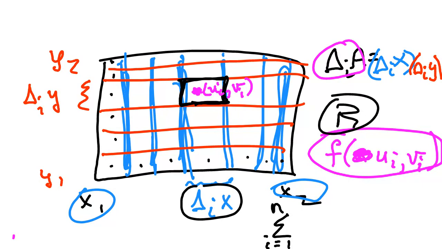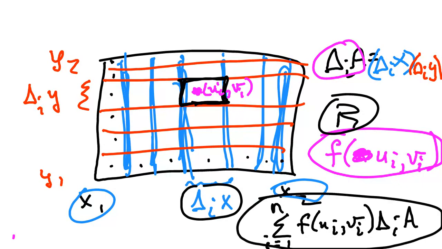But if I look at the sum of f of u sub i, v sub i, where that's just a randomly selected point inside the tiny rectangular area, times delta sub i of a, this is actually a Riemann sum, right? So it's a Riemann sum of the product of these two things, delta sub i of a times f evaluated at the particular point that we pick. And if I want to add all those up, I can, okay?